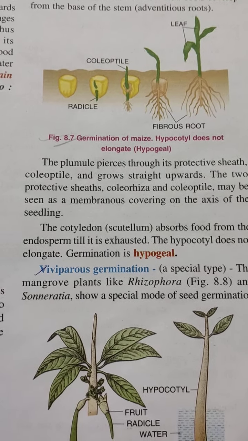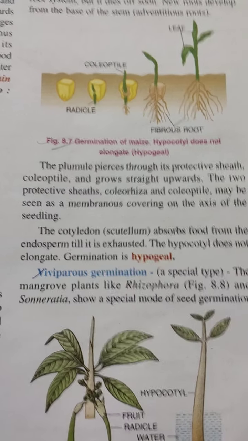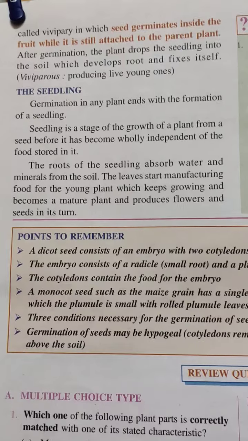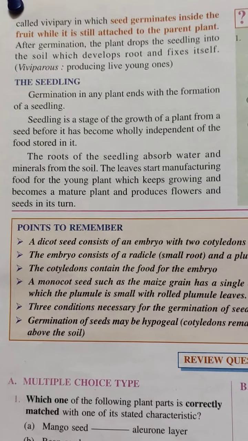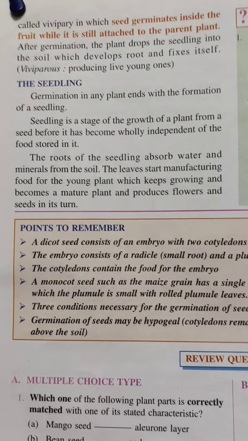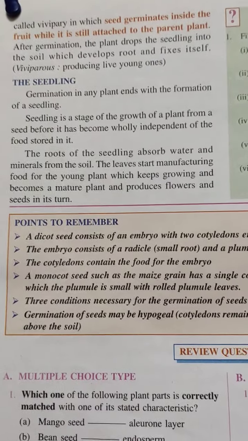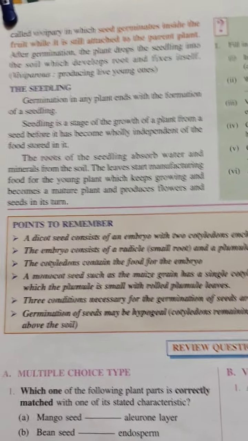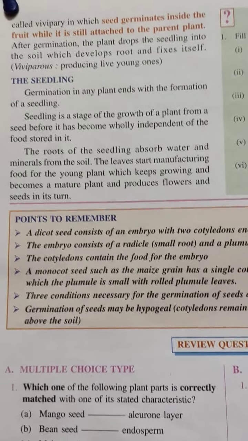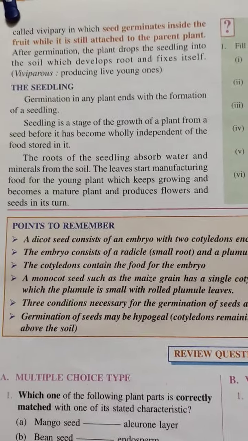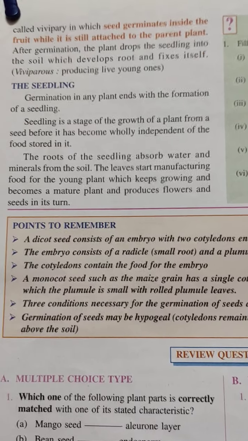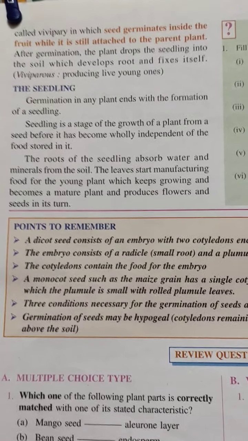It shows a special mode of seed germination called vivipary, in which the seed germinates inside the fruit while it is still attached to the parent plant. This is a very rare phenomenon, because we all know that generally it doesn't happen that the seed germinates inside the fruit itself while still attached to the parent plant.